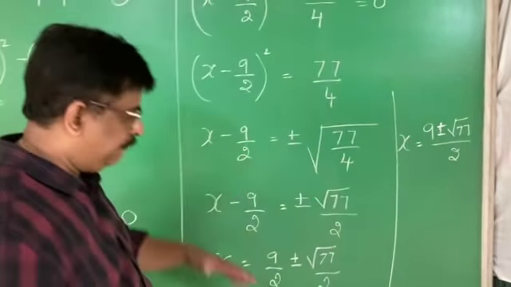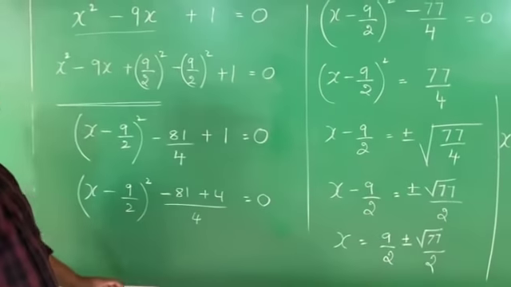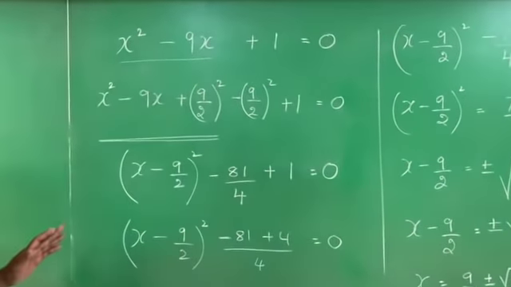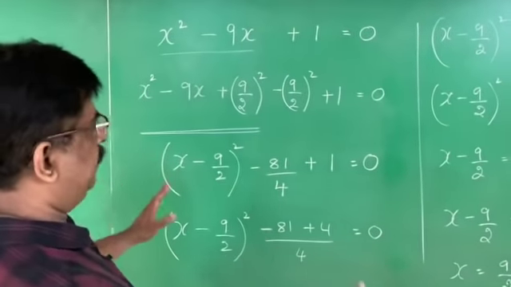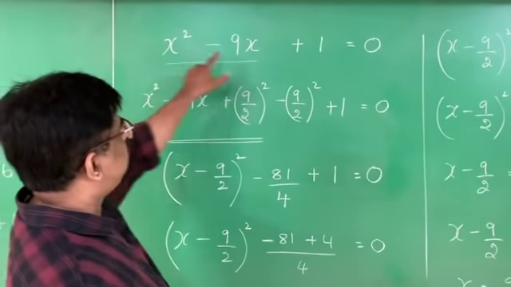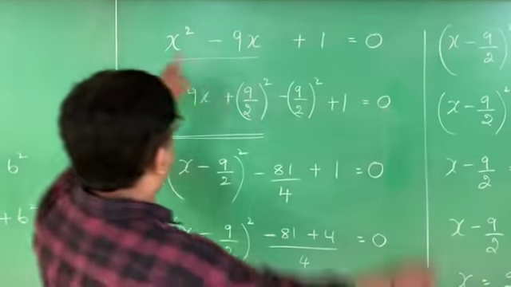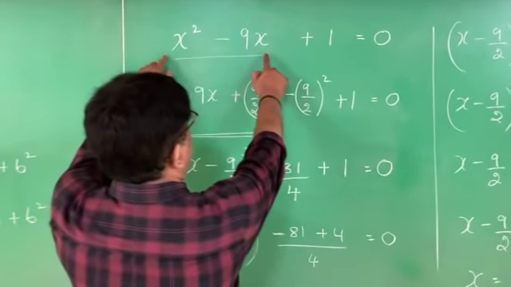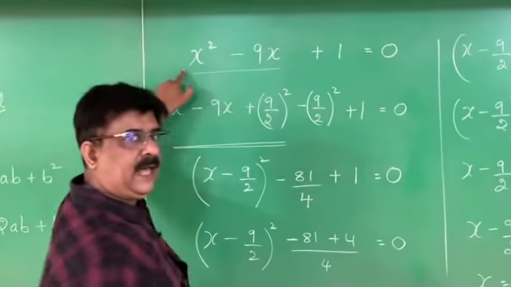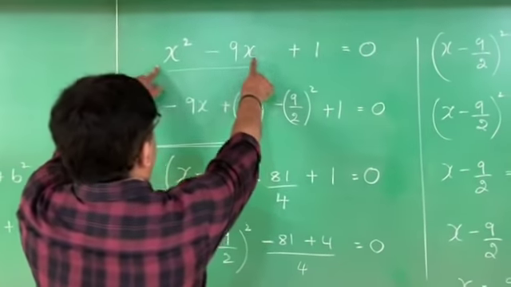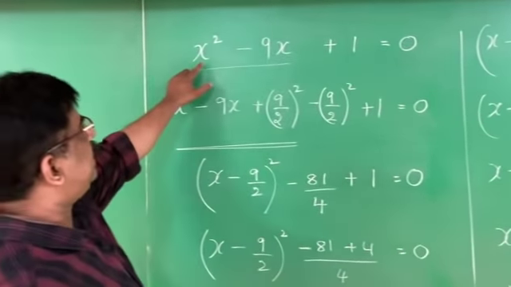As given an example of a difficult problem, I repeat once again. By solving any problem by the completing the square method, the first thing is the problem should be in the standard form. Identify the quadratic and the linear term, leave the constant part. Then consider the coefficient of x square.